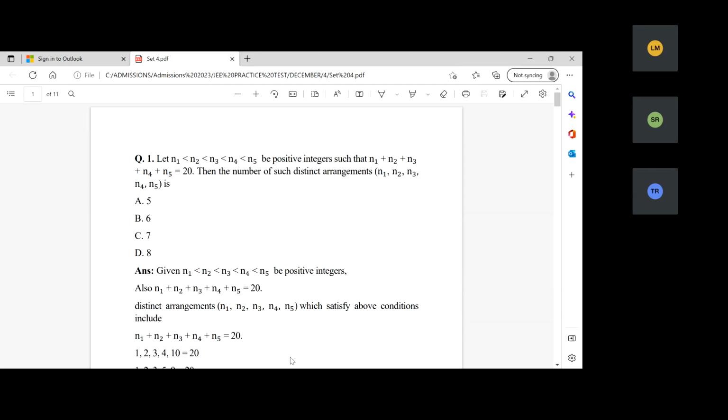We can solve it by finding the combinations of numbers which have the sum 20 and satisfy the conditions given in the question, or you can use the formula from the chapter permutation and combination. Whichever is comfortable for you, use that and solve the question.